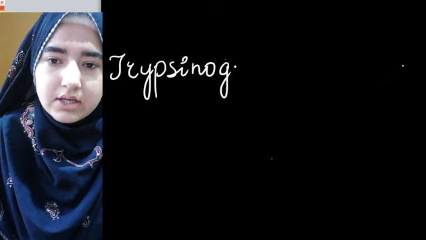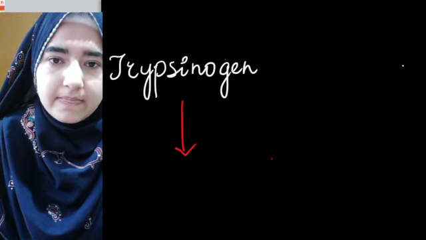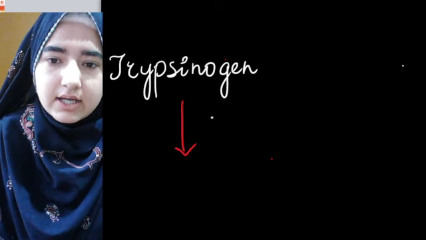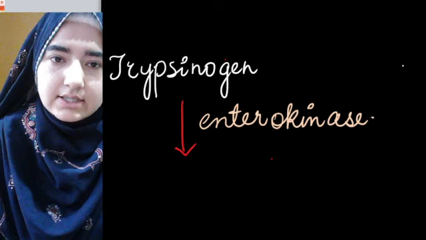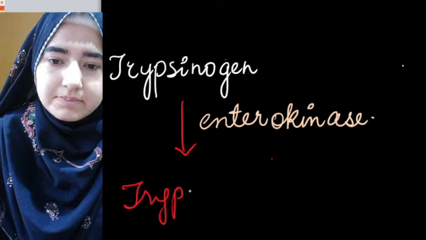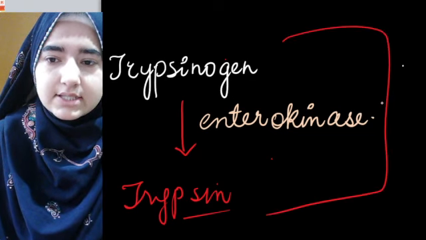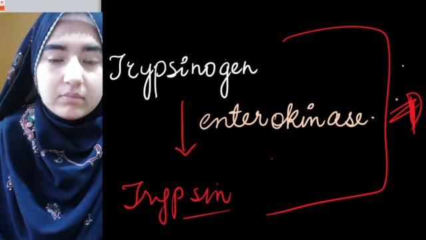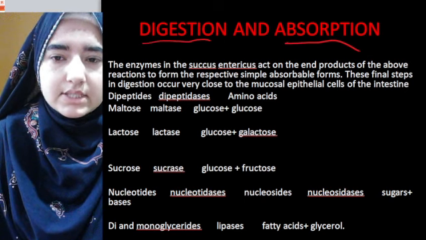Trypsinogen is an inactive enzyme which is found in pancreatic juice. It is activated by enterokinase, and thus it gets converted into trypsin, and trypsin activates other enzymes as well. I hope this reaction is crystal clear. You really need to memorize this reaction, as it's very, very important.